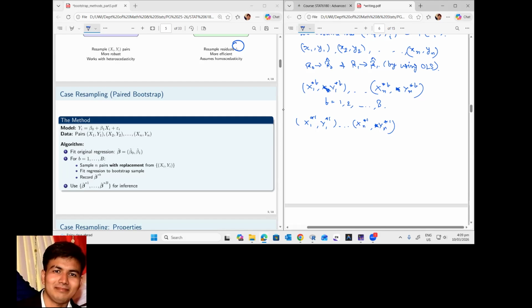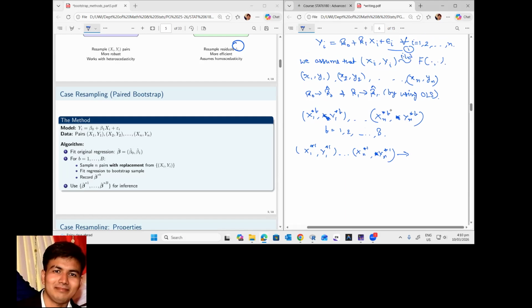This will be our one sample, and we fit the linear regression line for this data set and find beta naught cap 1 and beta 1 cap 1.